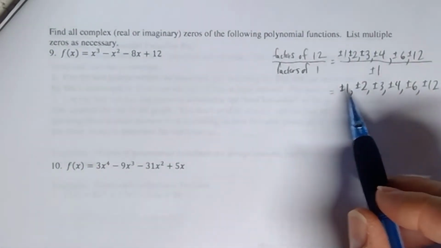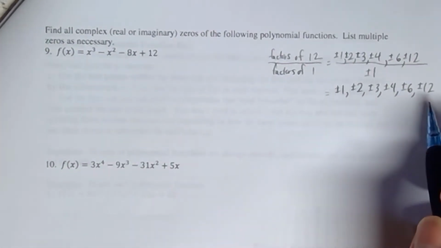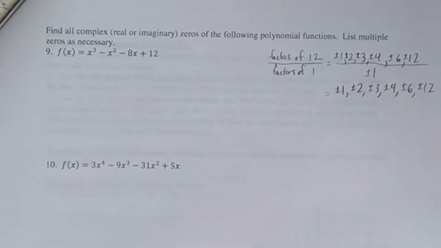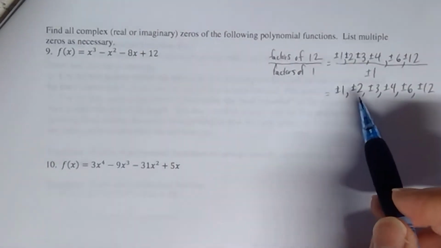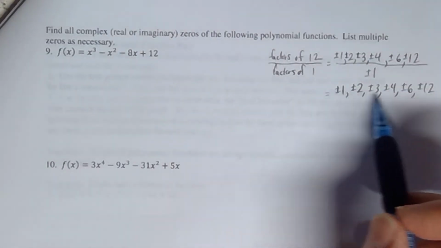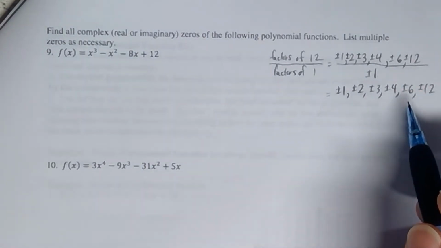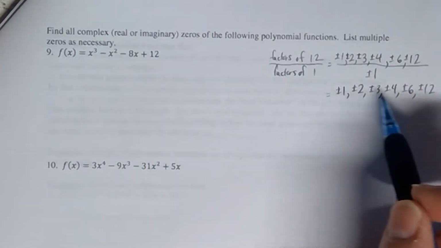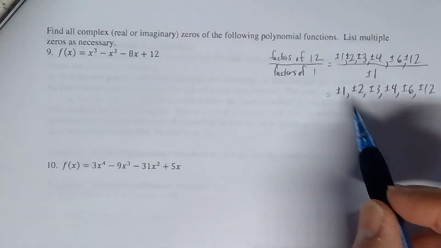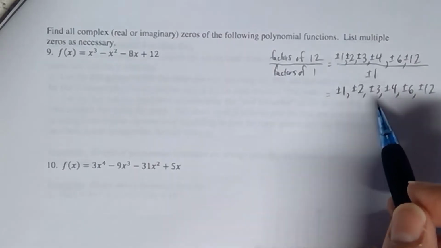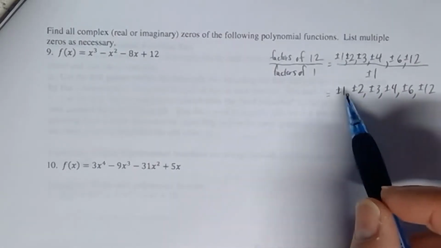So there's a total of 12 different numbers here, you guys. Six numbers, but then a pair for each one, one for positive, one for negative. I guarantee you that if you keep on doing synthetic division on this until you get it down to linear and quadratic factors, you can find all the numbers that have to go on the outside of the synthetic bar in this list.